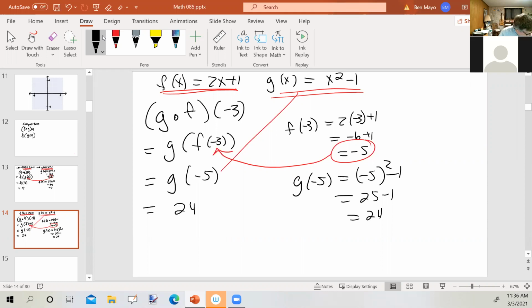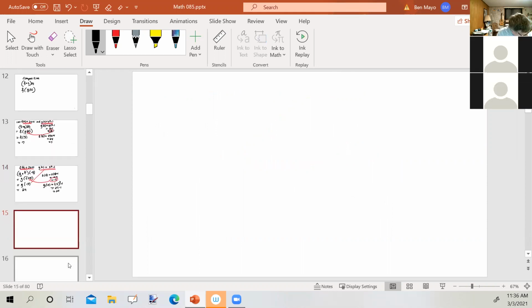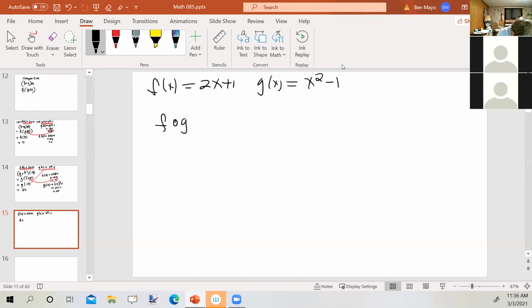Let's see here. How about this one? Again, we're going to use F of X equals 2x plus 1, and G of X equals x squared minus 1. Now we're going to find F composed with G of 2x.